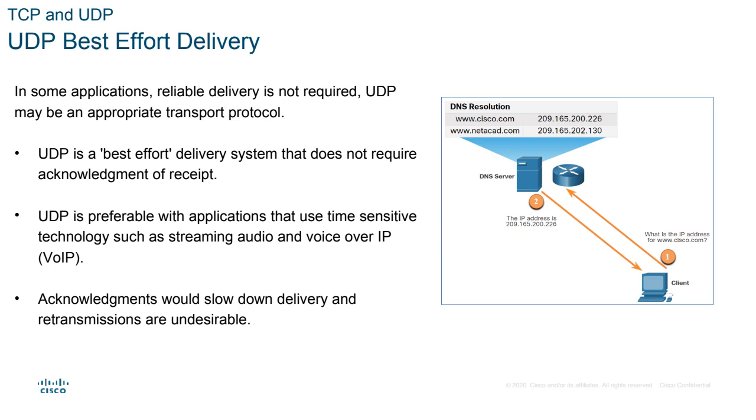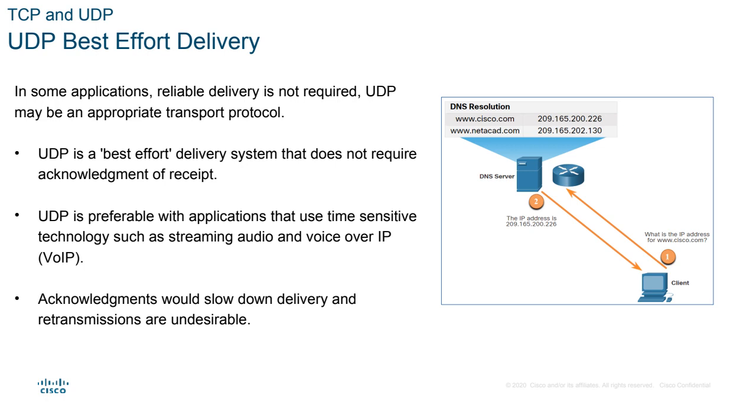UDP, we call it best effort delivery. It does not do acknowledgement or checking, but it is doing best effort. So it's fast and has less overhead. It is preferable with applications that use time-sensitive technology, such as VoIP. Do you know what VoIP is? Voice over IP.